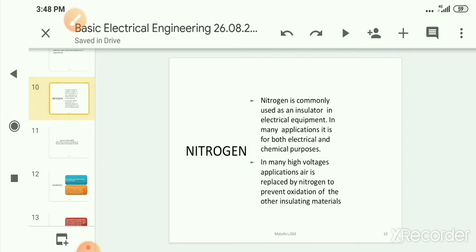So what are the applications? Nitrogen is used as insulator in certain types of capacitors. In conjunction with oil treated paper insulation, it is used in high voltage gas pressure cables.